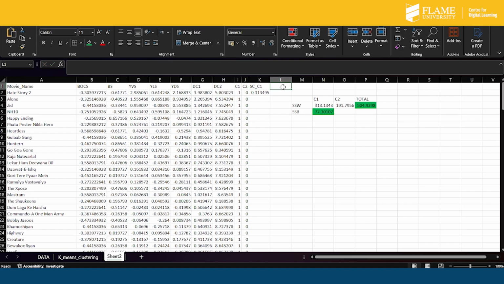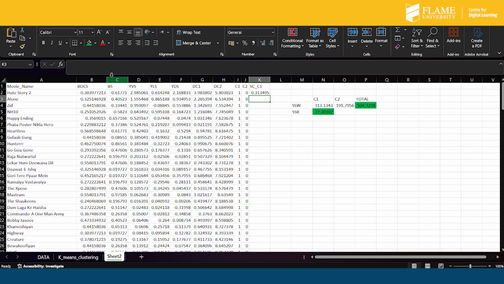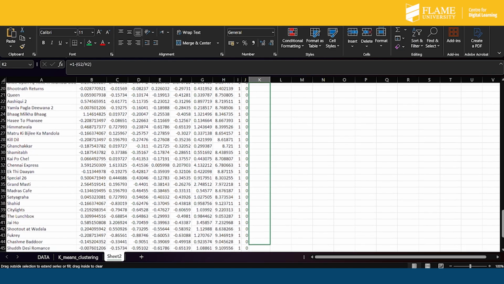Now for the same, you have to calculate for each term. So let's say I'm calculating this term C2 by H2. First enter and then calculate for all the members, because already I know who are the members of this cluster.